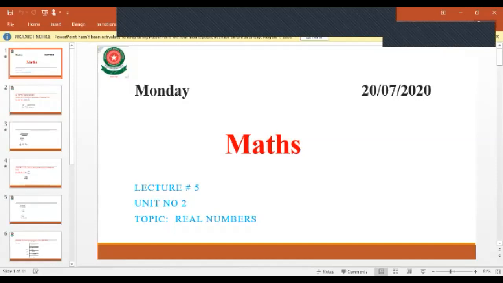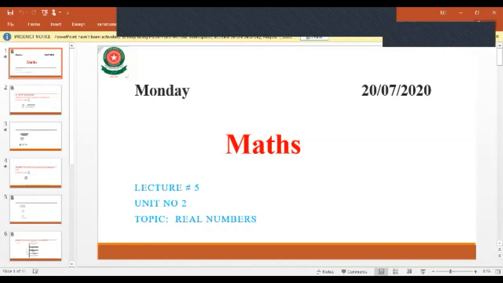0.64. Solution. First of all, in 0.64 we remove the point. When we remove the point, in the denominator we put 1 for the point, and for the 6 we put 0, and for the 4 we also put 0 in the denominator.